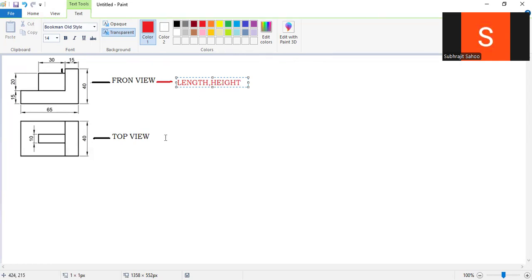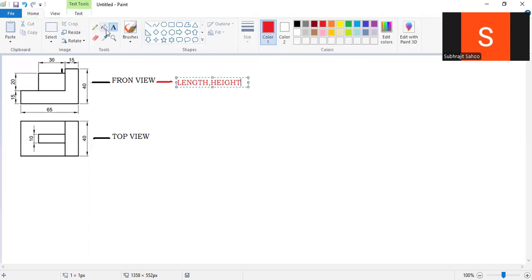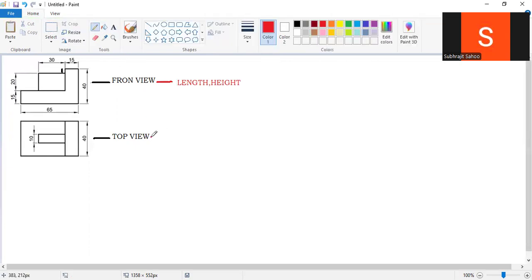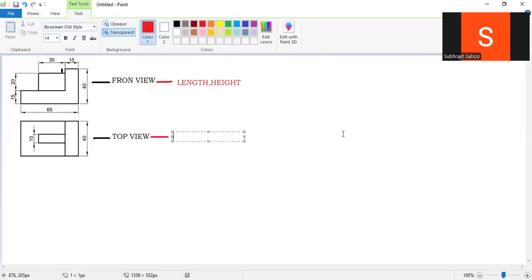And the top view contains the diagram's length and width. So these two or three sentences I just told are very important, right? You need to remember, sir. The front view contains length and height.